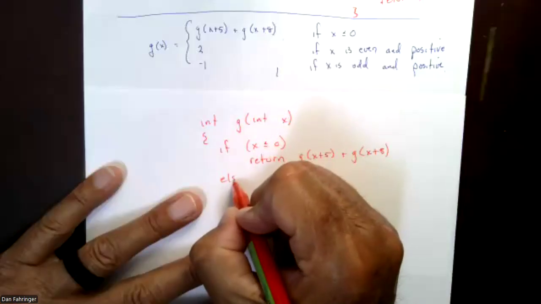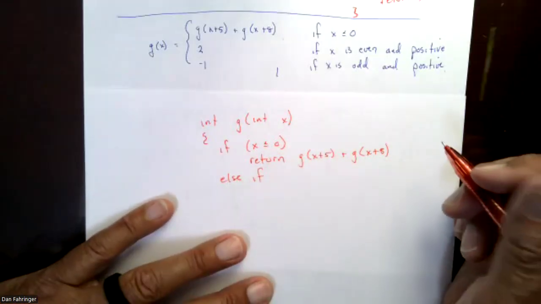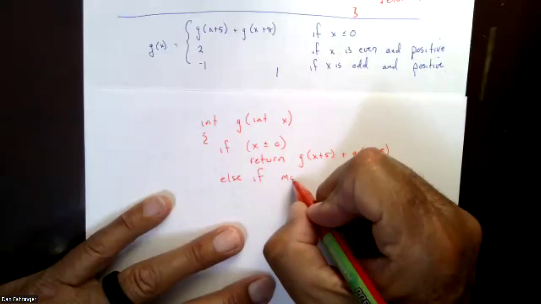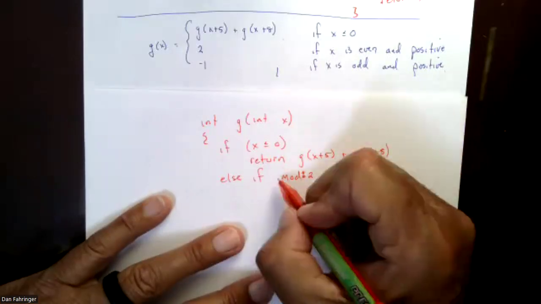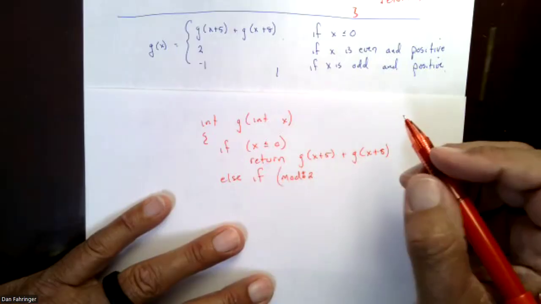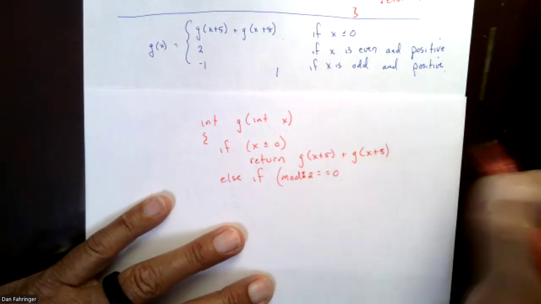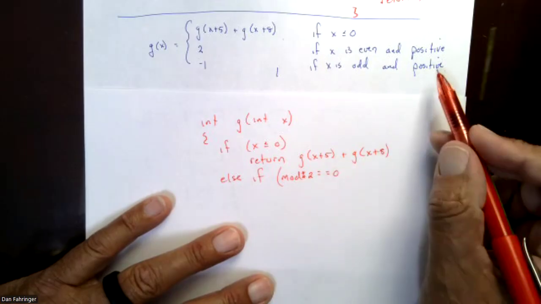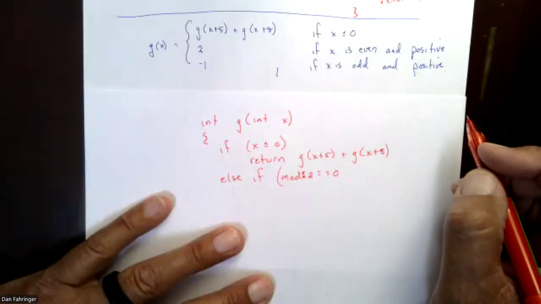Else, if x mod 2 equals 0, what do we have? Return 2. Okay, what about the positive part? Or the even and positive?